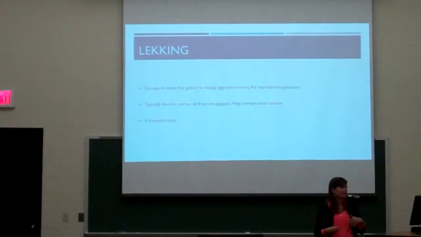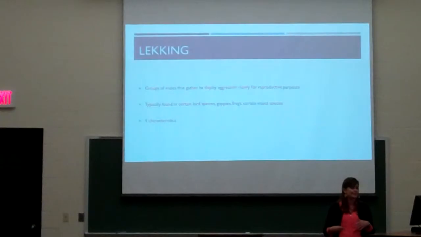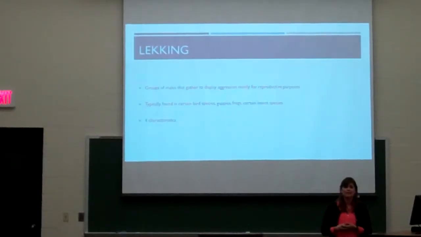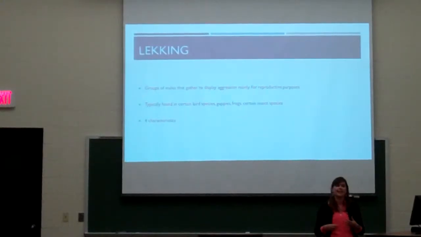This is typically found in certain bird species, guppies, frogs, and even some insect species. So it's more of an advanced behavior for animal reproduction, and there are 4 basic characteristics that all animal species share when they are found doing this lekking.